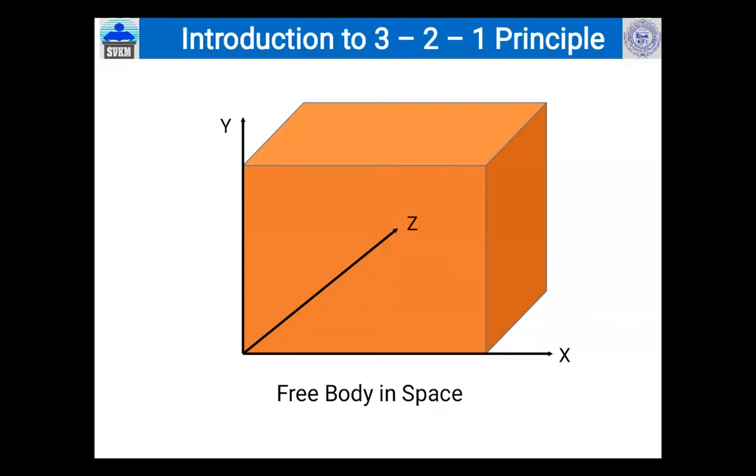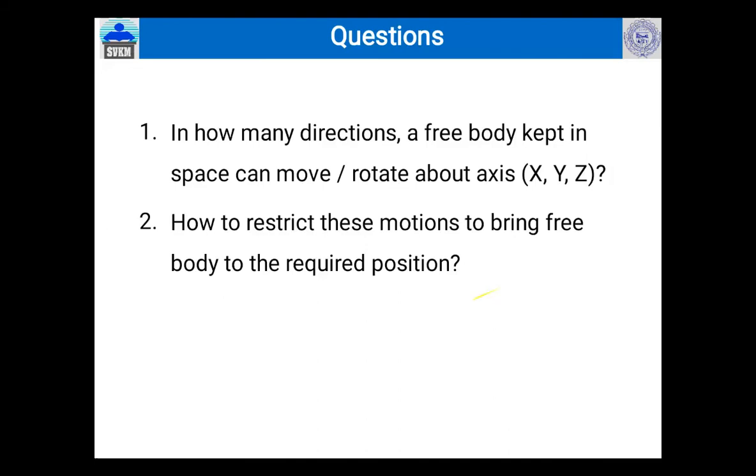Now a question is there: in how many directions can a free body kept in space move or rotate about axes x, y, z? Second one, how to restrict these motions to bring the free body to the required position. Stop the video, write down your answers in your notebook. Once you complete, start the video again.